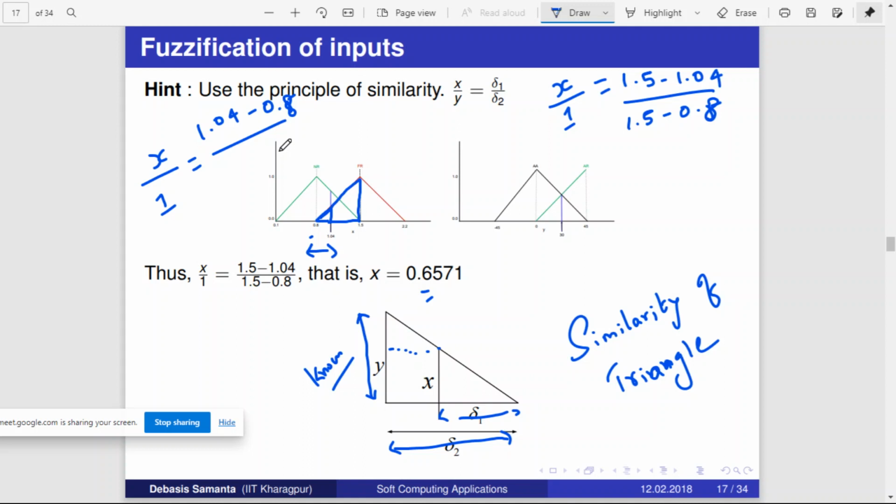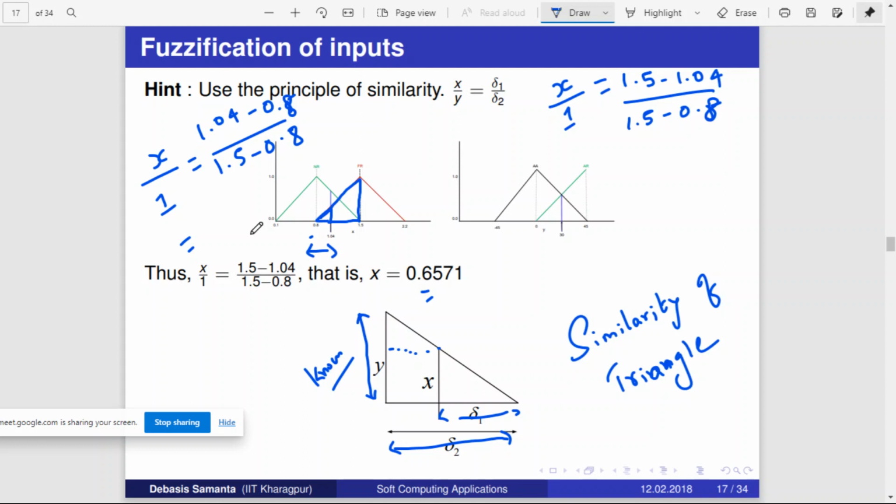If you solve this, you will get the value. What will be the result here? 1.04 minus 0.8 is 0.24. The numerator is 0.24, divided by 1.5 minus 0.8.